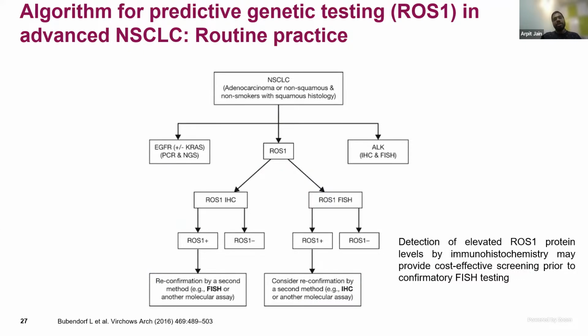If initially it was conducted with FISH, it needs to be confirmed with IHC. Definitely, ROS1 by IHC could be used as a screening method, but it must be confirmed with FISH prior to offering any targetable drug. Next.